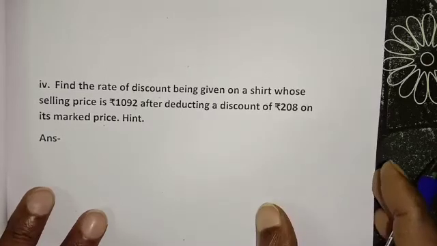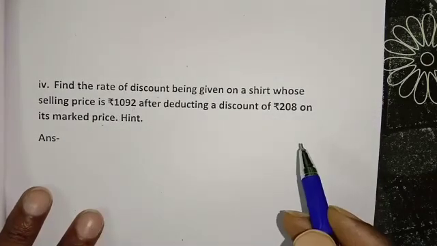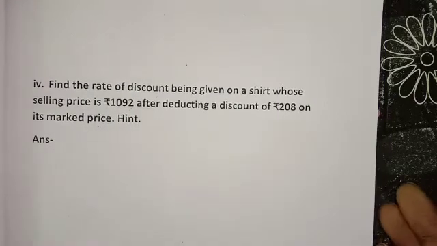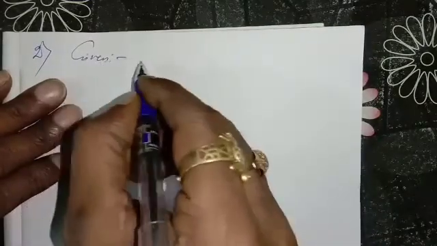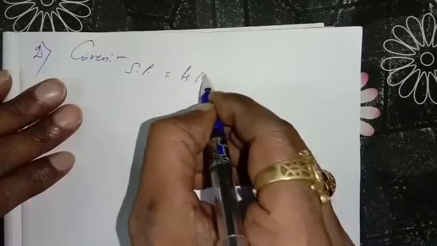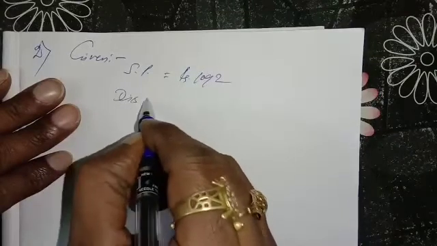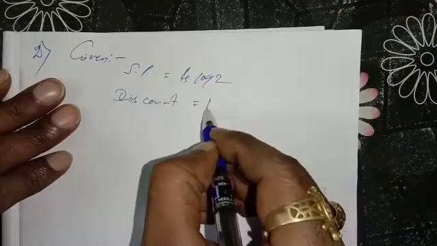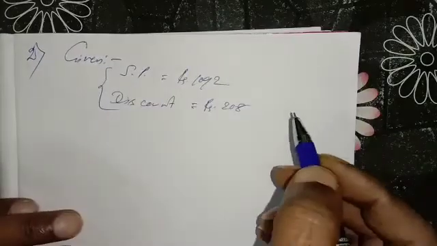In this question, discount given, selling price given, mark price not given, and discount percent also not given. You have to find out. See one by one. First of all, write what is given here. Selling price given rupees 1092. Discount given rupees 208. These two things are given.